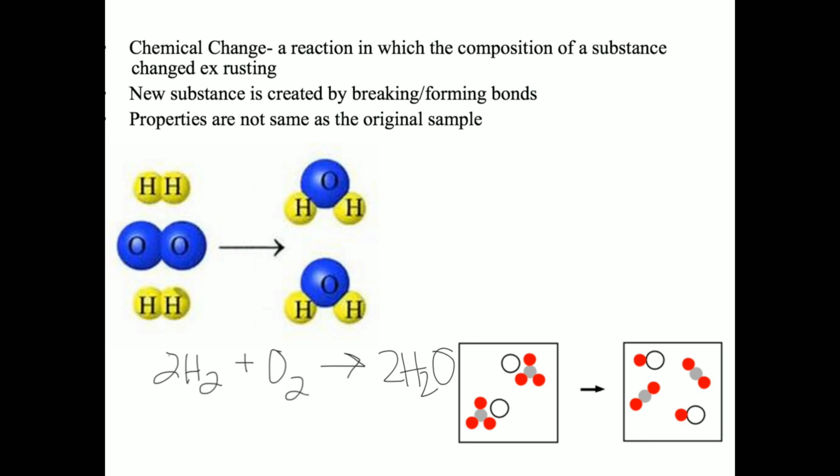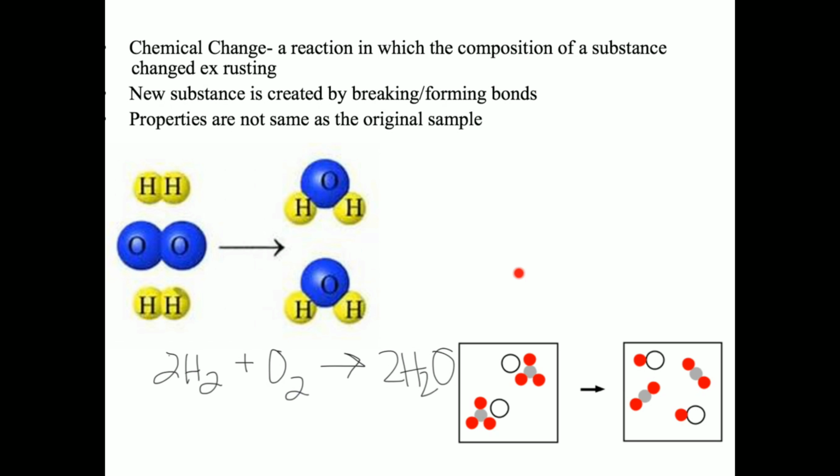Water is a liquid at room temperature and it actually puts out fires. So notice that when you undergo a chemical change, not only does the name change, hydrogen and oxygen form water, but so do the properties.